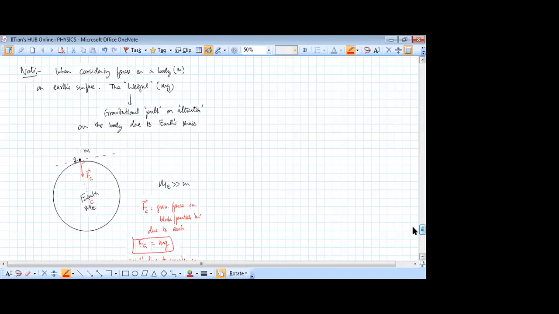So here in this chapter, we'll assume that the value of g, acceleration due to gravity, is independent of where on the earth we are, which latitude and what longitude. It is not affected by it. It remains constant everywhere on the surface.